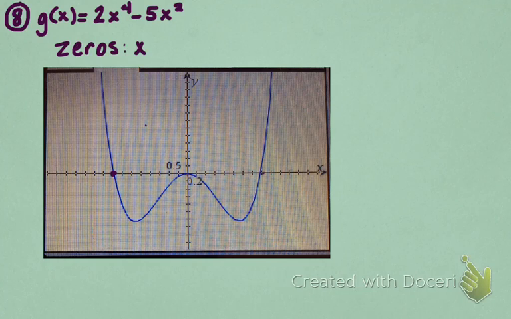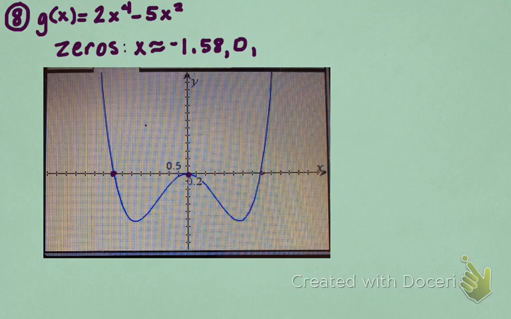Let's not say equals because these are going to be decimals: x is approximately negative 1.58. And that's the first one.